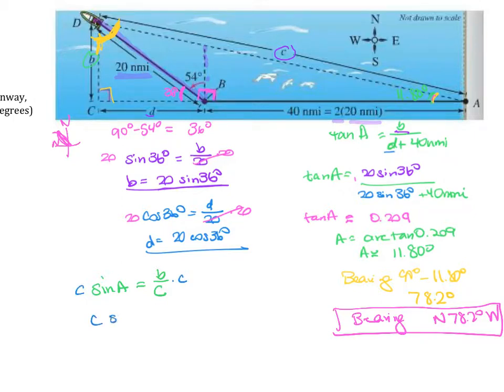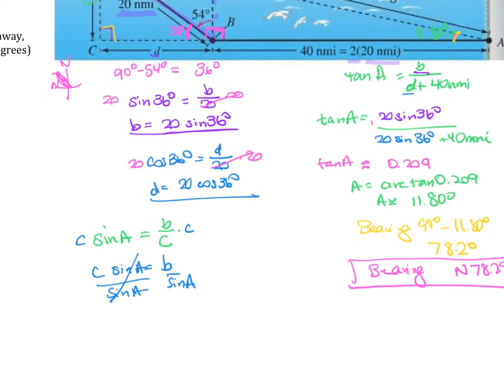So we get C sine of A equals B, and then we know what sine of A is, and we also know what B is, so let's divide by sine of A. So this is C equals B, and remember B is this value up here, 20 sine of 36 degrees, all over sine of 11.80 degrees. So you plug it in your calculator, and once you do that, the answer will be 57.5 nautical miles.